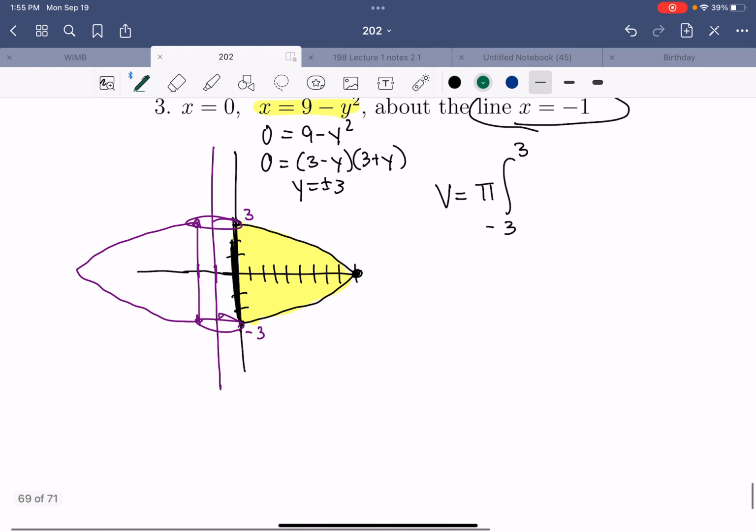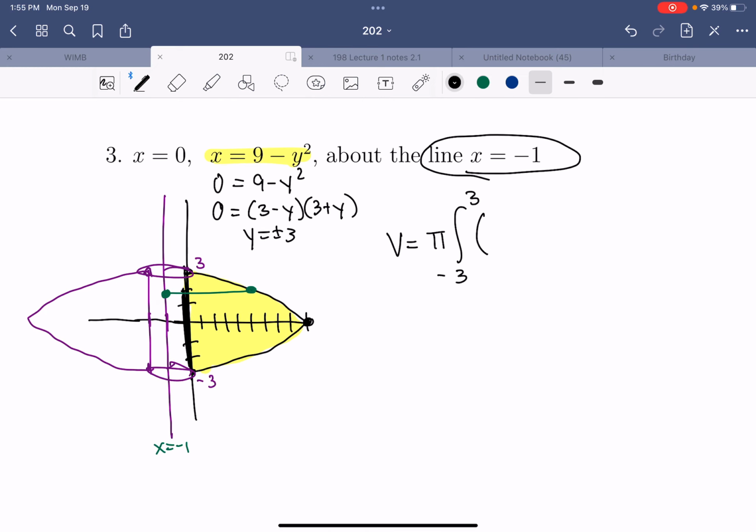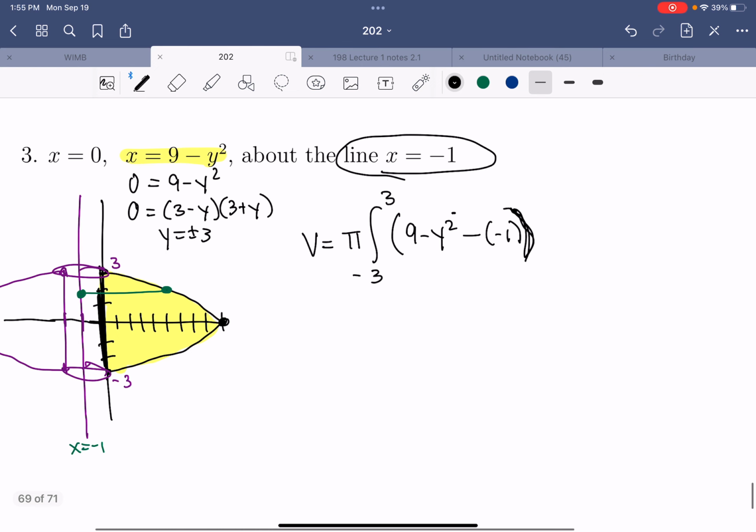Now I want my radii, so I'm going from the line I'm revolving around, x equals -1, out to the outer edge. I want this distance. I always think about it from right to left, so outside minus inside. We take the outside curve, which is 9 minus y squared, and subtract the line I'm revolving around, -1, just as if I'm doing the area between two curves: the rightmost one minus the leftmost one.